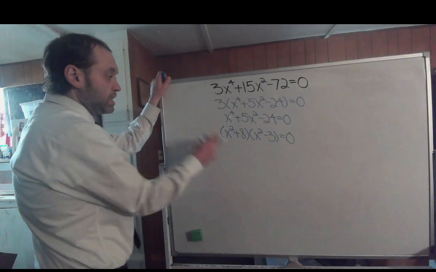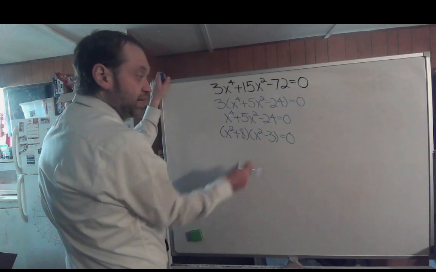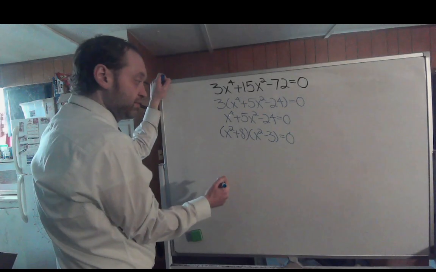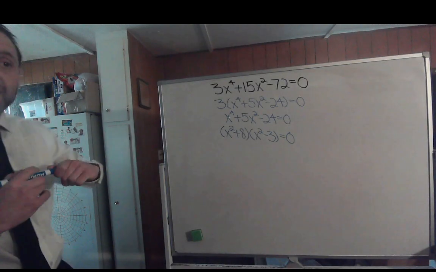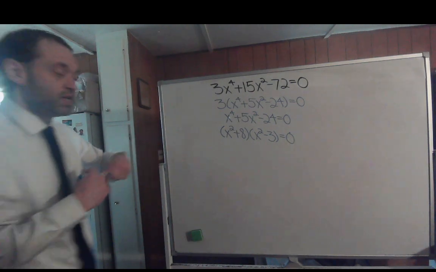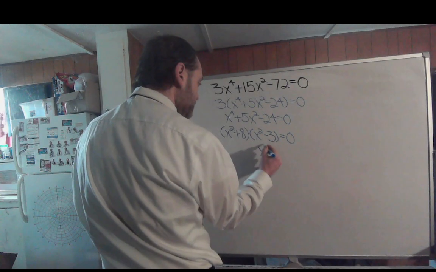Well, the x squared minus 3 can factor further because that's a difference of squares, but your x squared plus 8 can't. That's a sum of squares, which would give you two imaginary results. Today we only care about the real numbers. So just take that x squared minus 3 and set it equal to 0.